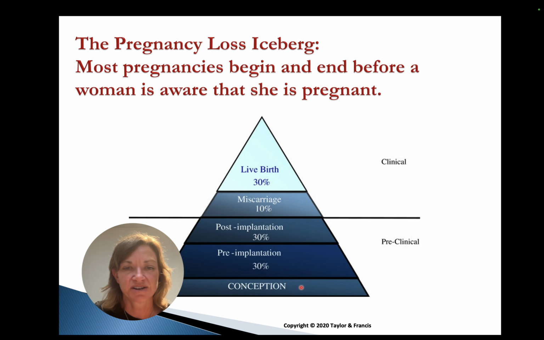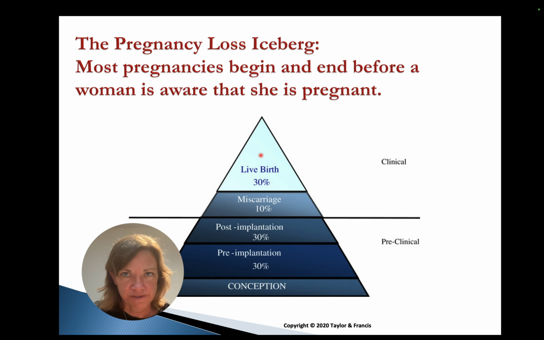With conception here at the bottom, about 60% of pregnancies end in the pre-implantation stage, so during the germinal period, or post-implantation, but very early on. And those are called preclinical pregnancy losses because mom is not even aware that the pregnancy loss occurred. So 60% of fertilization events end in a preclinical pregnancy loss.